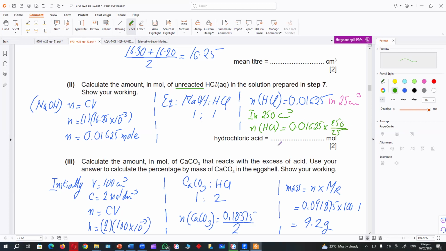Now, this is the working. We overlooked actually dilution.